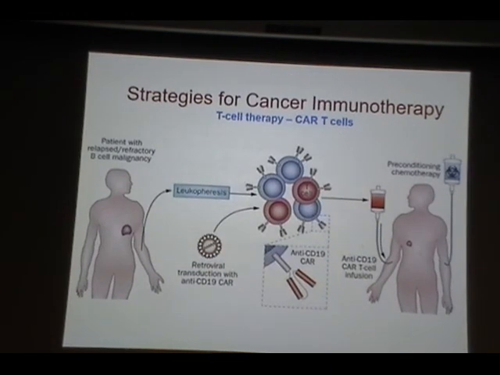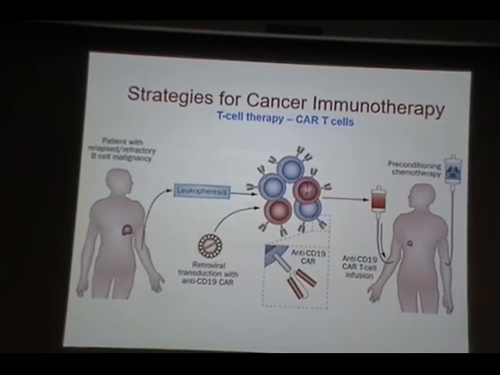One example here is CAR T cell treatment for B cell lymphoma. B cell lymphoma overexpresses a protein on the cell surface called CD19, and you have T cells that specifically recognize CD19 as an antigen.